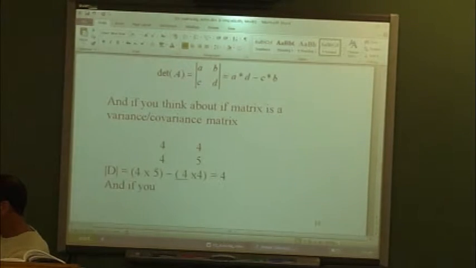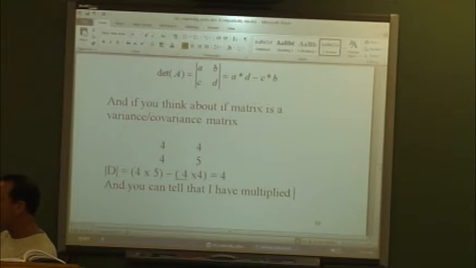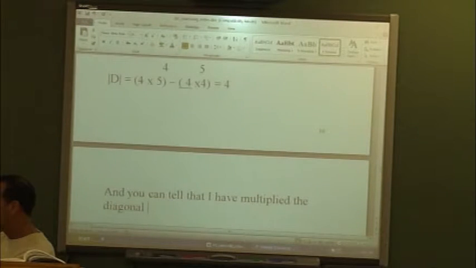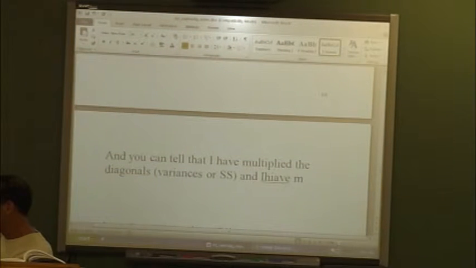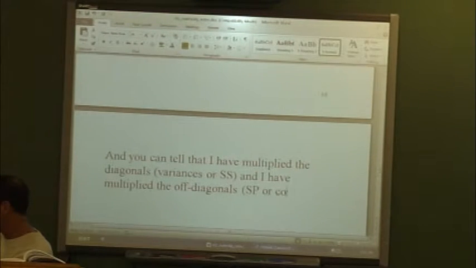And you can tell that I multiplied the diagonals, which are the variances, the sums of squares, and I also multiplied the off-diagonals, which are the sums of cross products, the covariances.